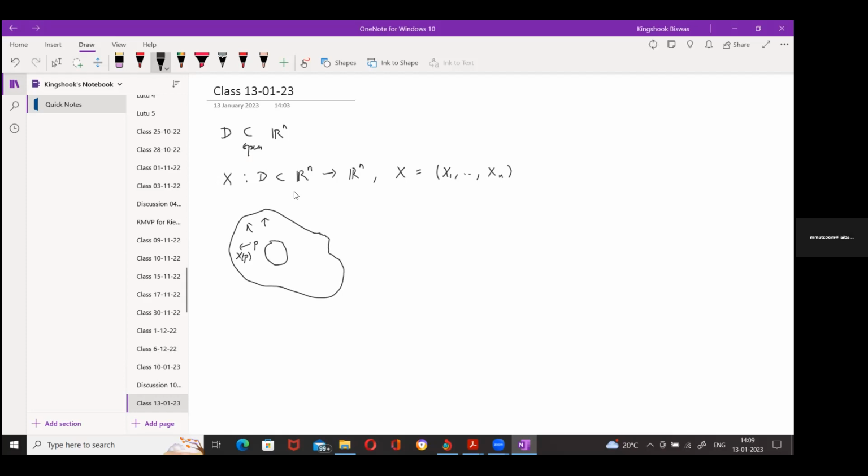And we can define the divergence of X if X is C1 by a similar formula to what we had in 2 dimensions. So it's del X1 del x1 plus up to del Xn del xn.